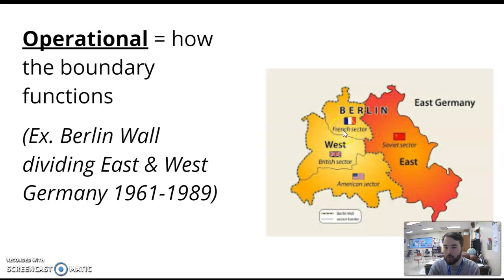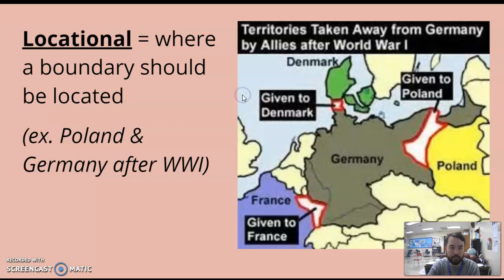So the problem arose when West Germany kind of viewed the boundary as kind of more fluid. They weren't guarding it as heavily, this boundary between East and West. The Soviets were guarding that boundary very heavily and telling people that they couldn't go into West Germany. So when you have two entities that disagree on how strict this boundary needs to be, that's an operational dispute.